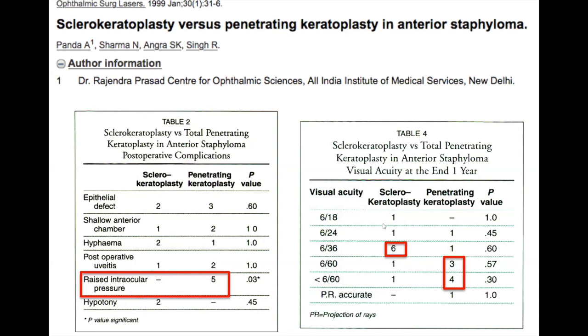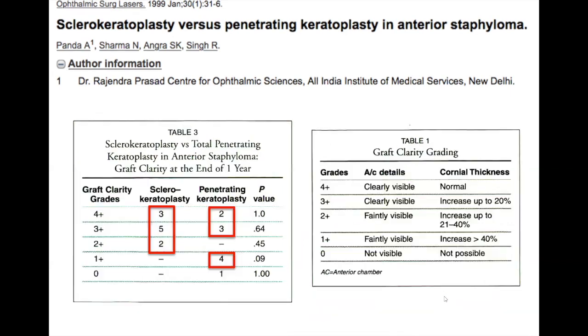Table on the right, here you can see patients in the sclerokeratoplasty group had better visual acuity outcome at 1 year follow-up compared to the penetrating keratoplasty group. Here, the table on the left is showing graft clarity. 4+ is clear graft, and as the number decreases, the hazier the graft gets. And here again, in the sclerokeratoplasty group, the grafts were more clear than the penetrating keratoplasty group.